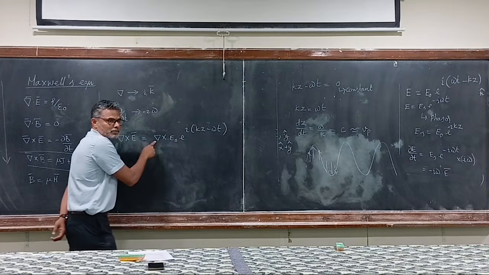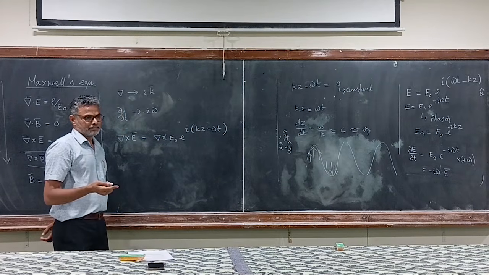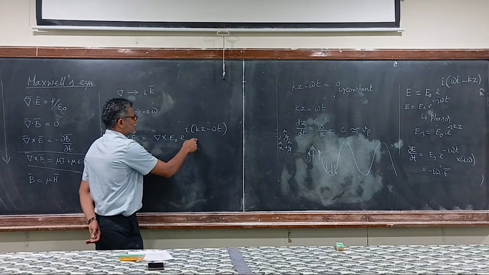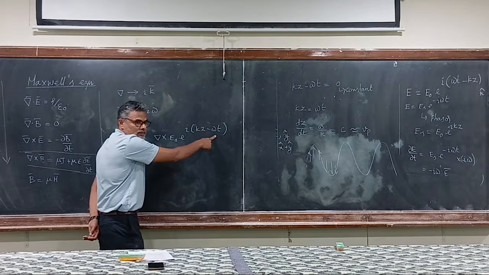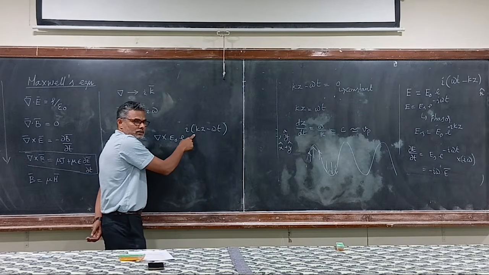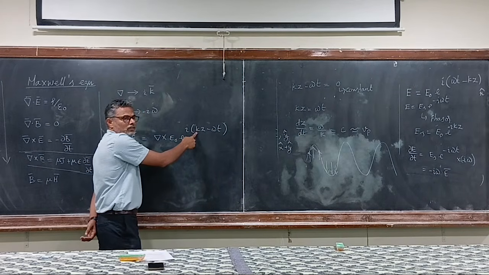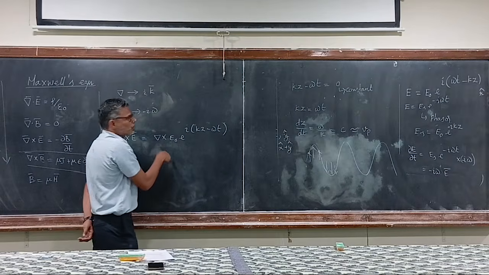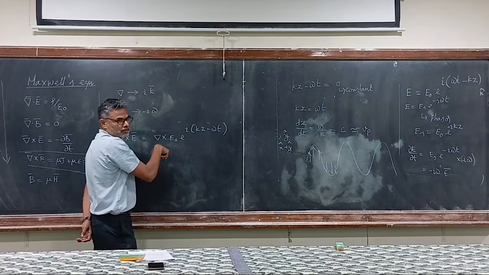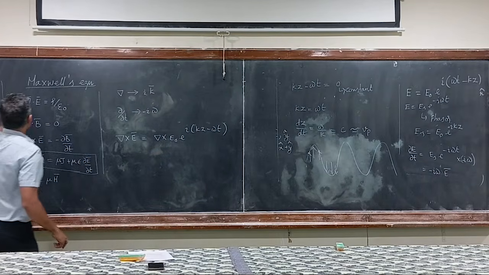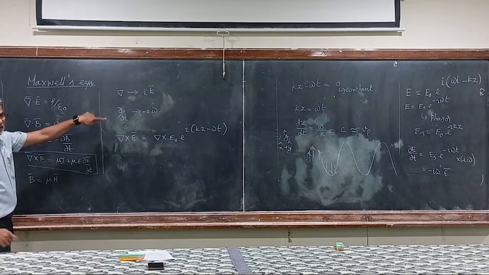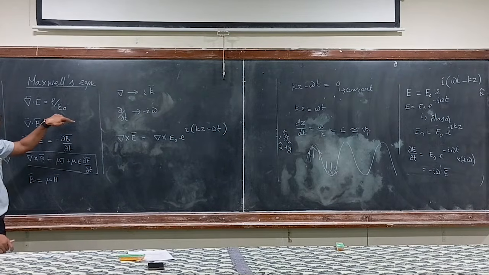Your del operator is basically a spatial operator. When you do the spatial operator, time is going to be a constant. Only the spatial part is differentiated, and the coefficient of z will become I times k. So ik will be coming for this. Now this entire equation I can rewrite in terms of operator k.